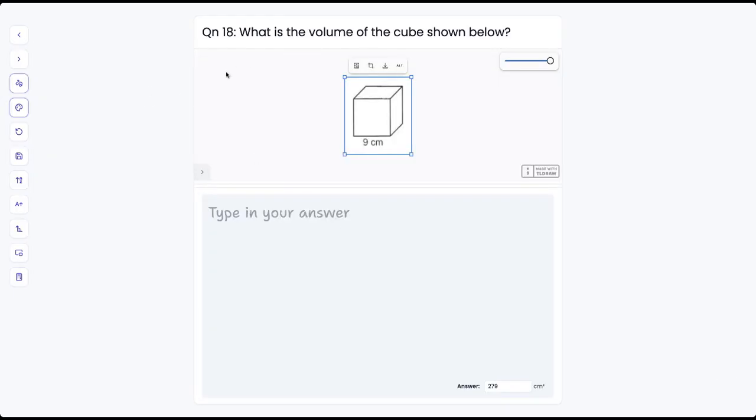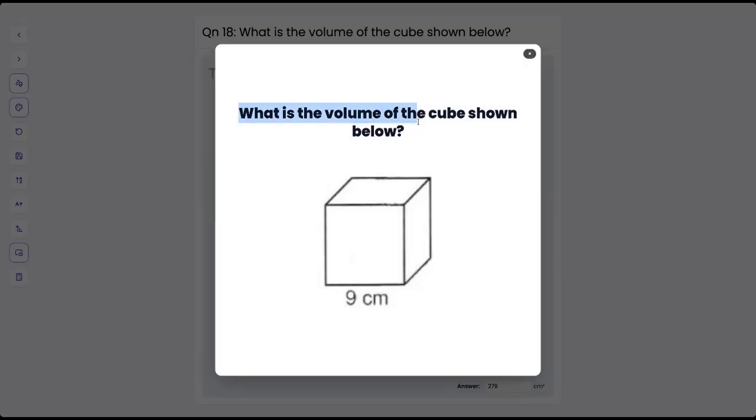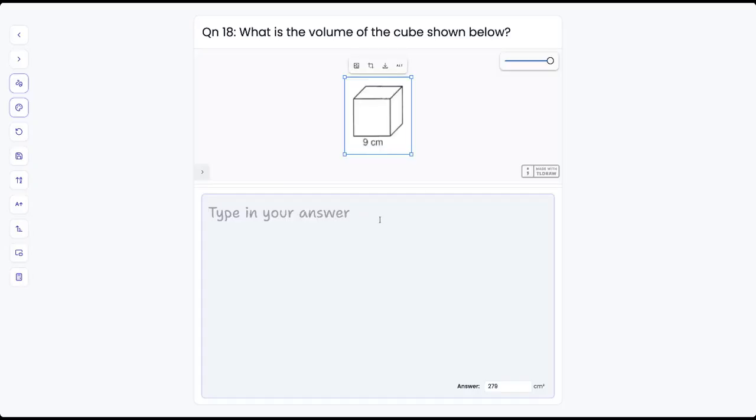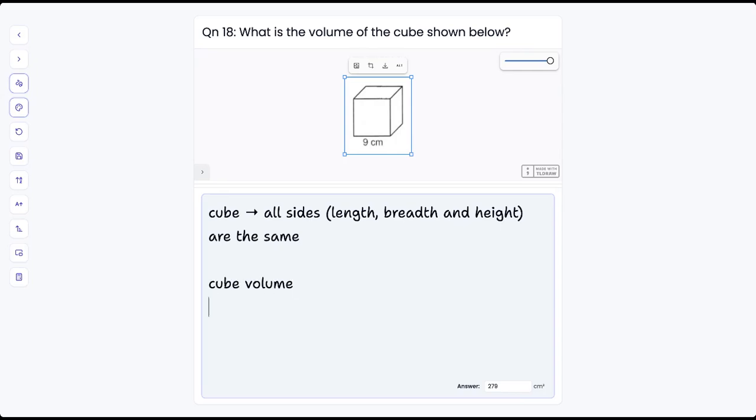Question number 18. What is the volume of the cube shown below? So cube is basically all sides, which are length, breadth, and height, are the same. So cube volume will be equal to length times breadth times height. I just like to write this down so that it's easy for you to follow. The length is 9 centimeters, the breadth is 9 centimeters, and the height is 9 centimeters as well.